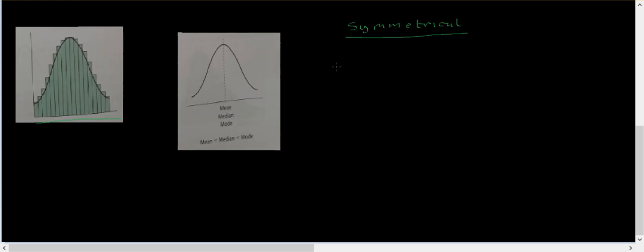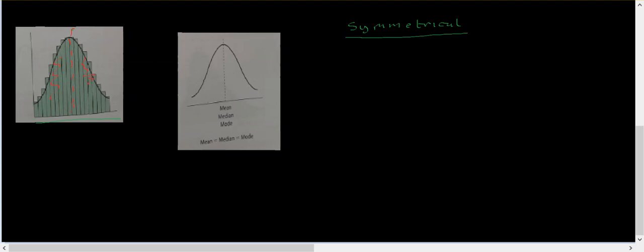If you were to draw a line of axis down the middle here, the data is going to be evenly distributed on either side. So it's what's known as symmetrical data.